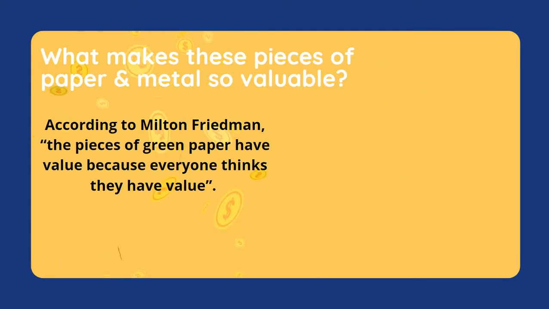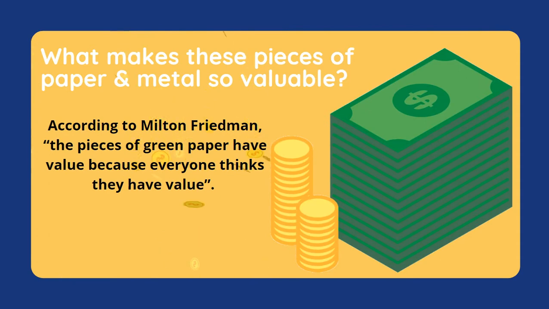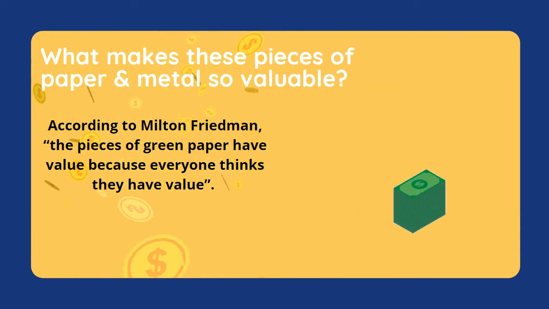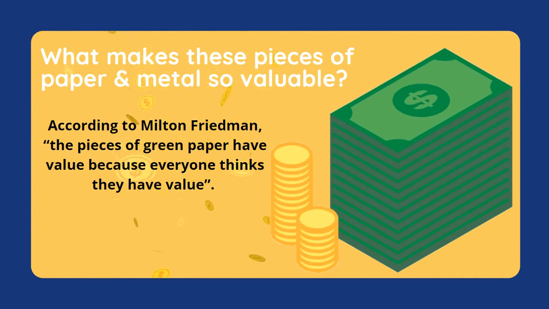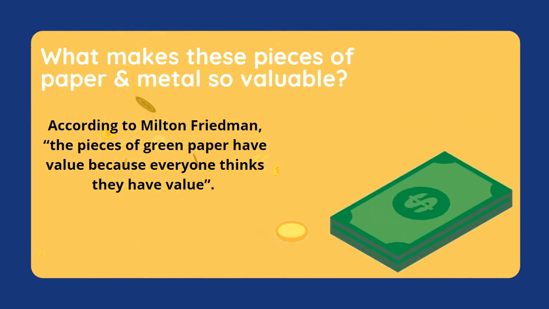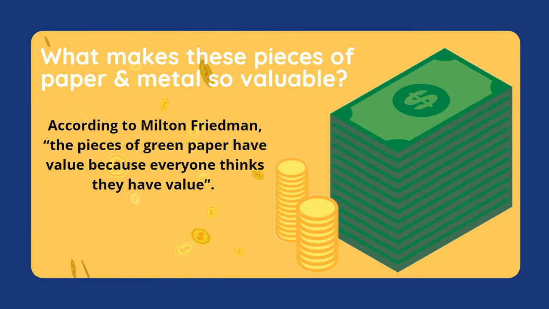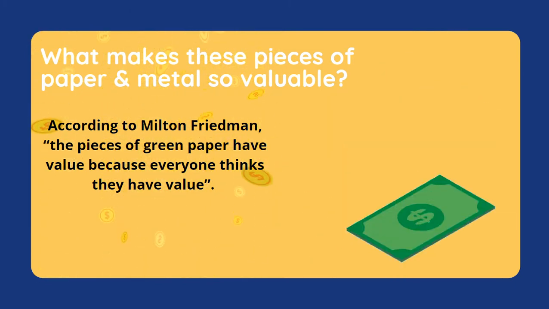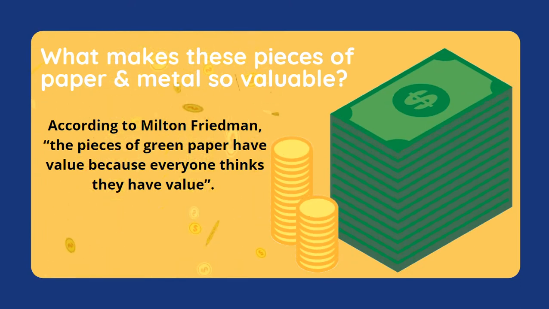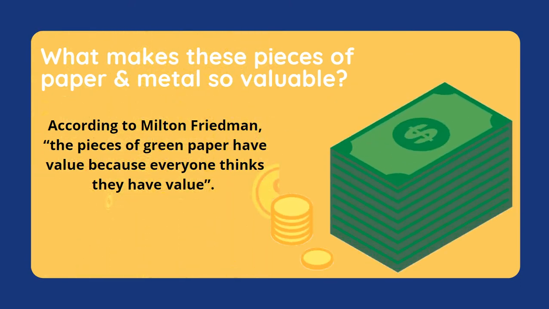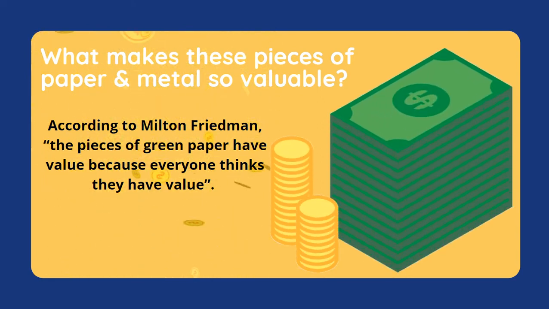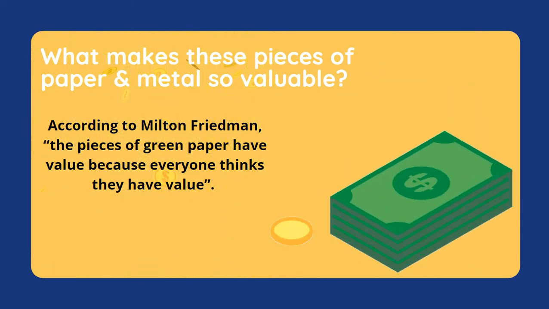So what makes these pieces of paper and metal so valuable? According to Milton Friedman, the pieces of green paper have value because everyone thinks they have value. Okay? According to Milton, these pieces of green paper have value for the reason that the mindset of people is that it has value.